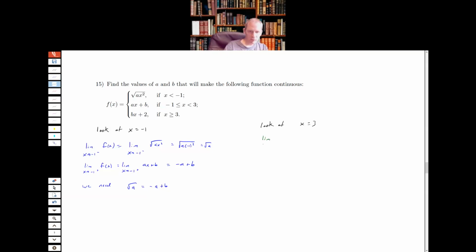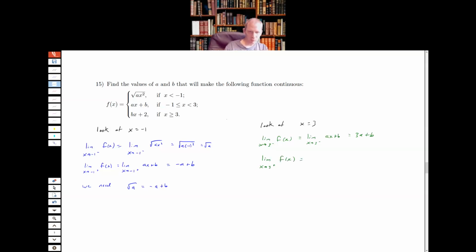Same setup, I want to look at the limit as x approaches 3 from the left. As I approach 3 from the left, my formula is ax plus b. When I use direct substitution, I replace the x with the 3, so I get 3a plus b. Now let's look at the limit as x approaches 3 from the right.